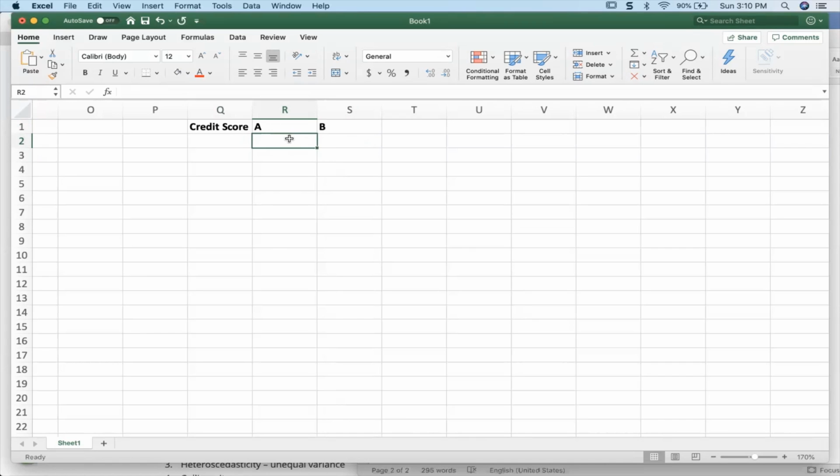Person A has a debt of 1 lakh. Person B has a debt of 1 crore.